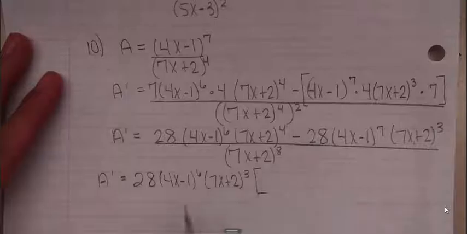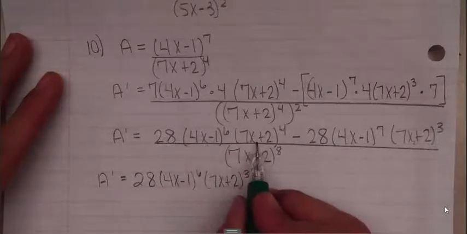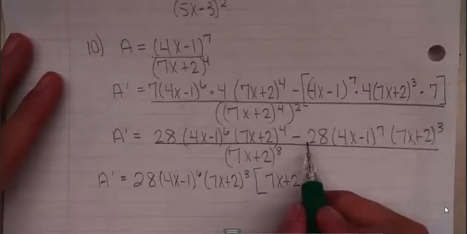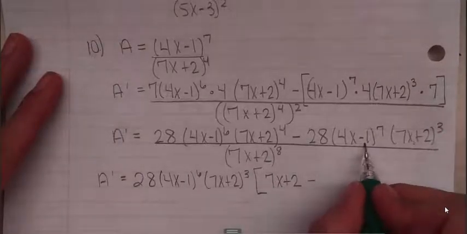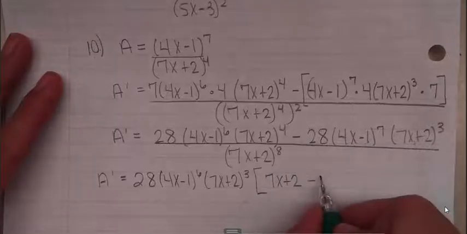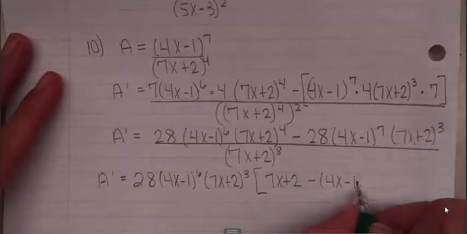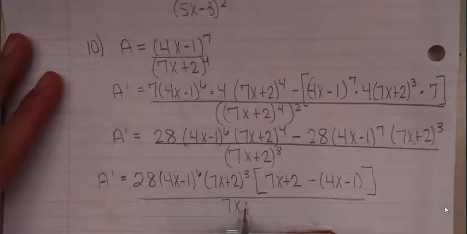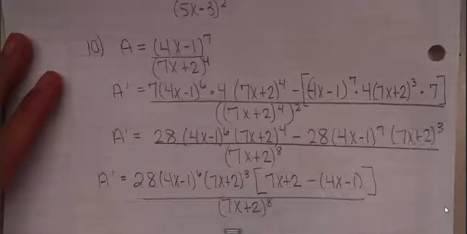So what's left then is a 7x plus 2 for the first term. And in the second term, I think we have a 4x minus 1 left. All of that over 7x plus 2 to the 8th.